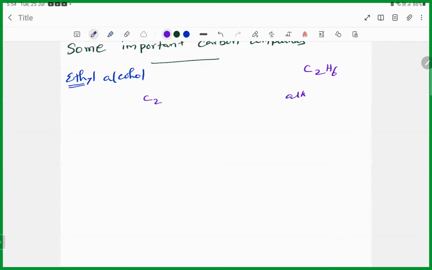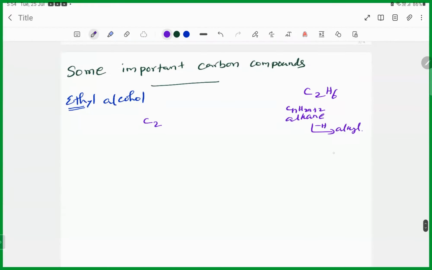Please remember, when the alkane is there, if you are removing one hydrogen, then it becomes alkyl. So alkane is CnH2n plus 2. The alkyl becomes CnH2n plus 1. So if you remove one hydrogen from ethane, what is it? Ethyl. Ethane means C2H6, correct? So when you are removing one hydrogen, it becomes ethyl.